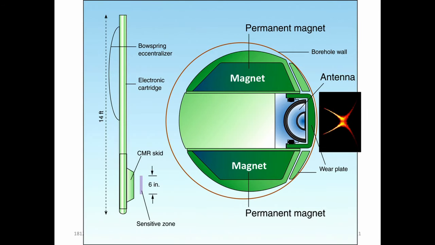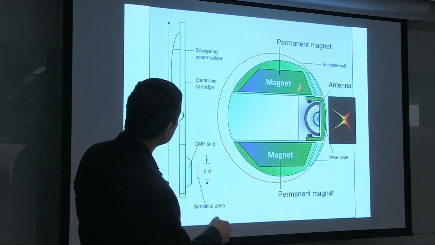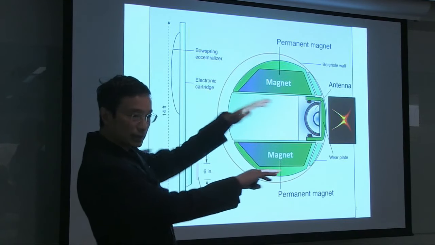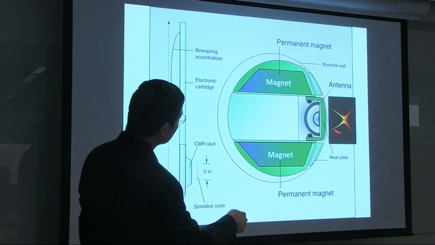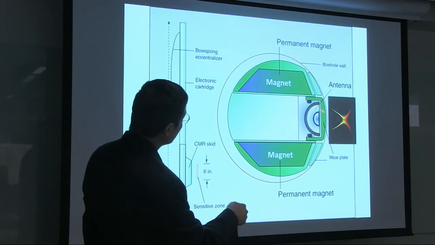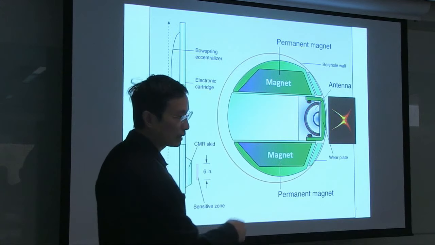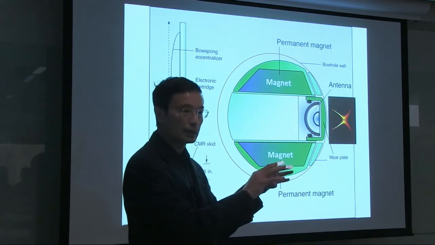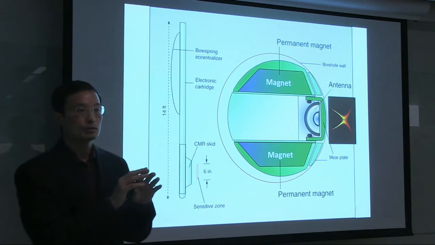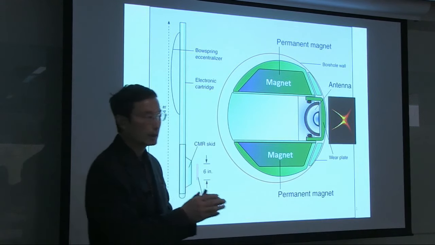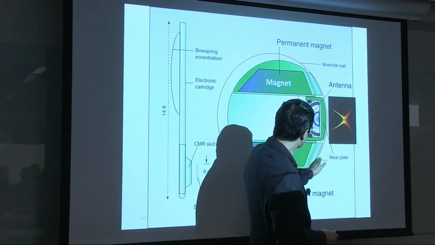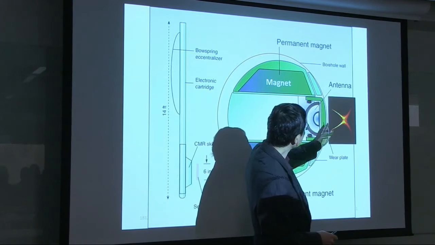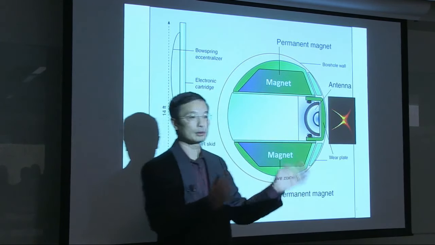So the basic structure of these devices, in cross-section, has magnets that are magnetized outward, right? It generates a magnetic field spot over here so that you have an antenna that focuses on that spot, so that you can do NMR or MRI outside. So this brown line displays, let's say, the borehole, right?